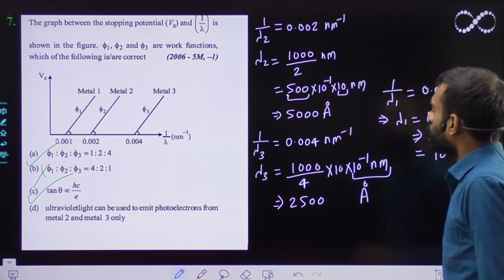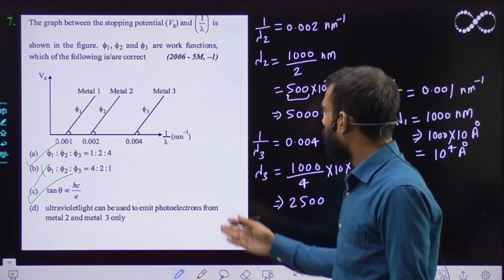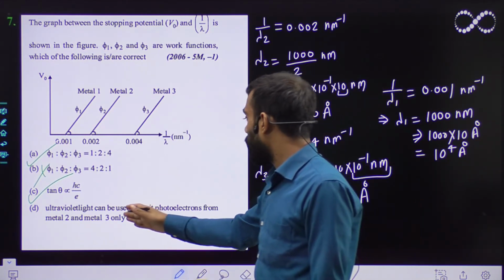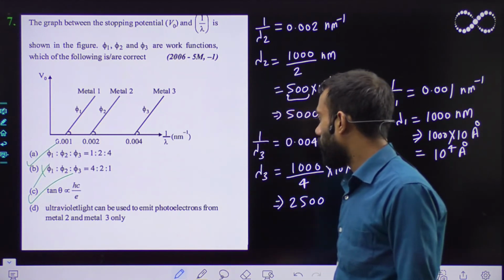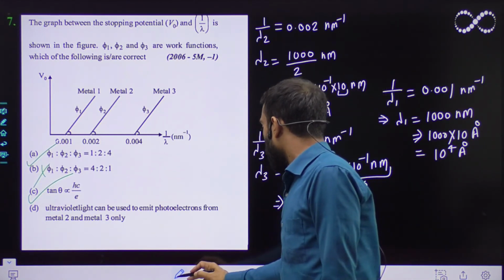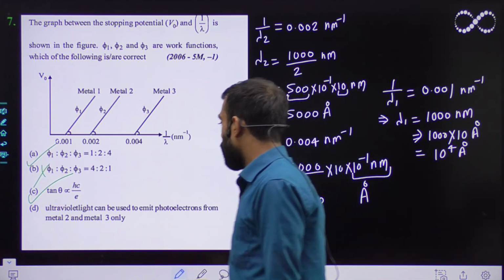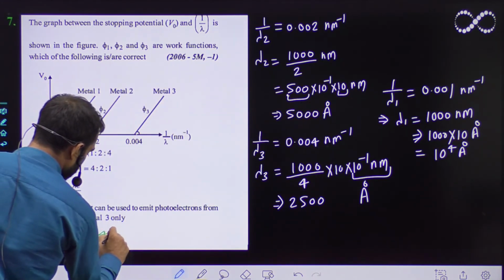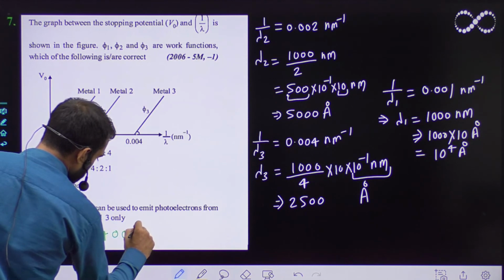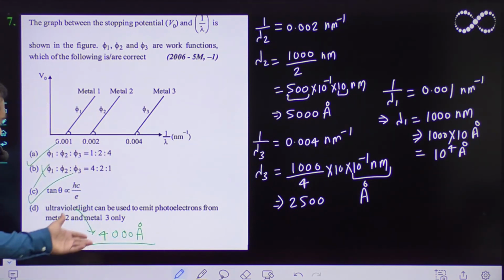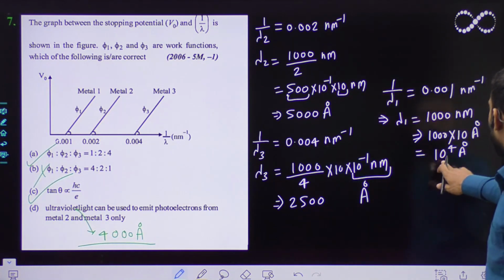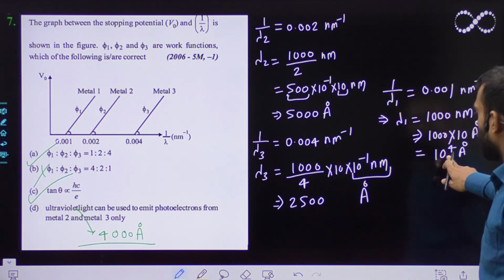Now it is saying ultraviolet light. These are the cutoff wavelengths for all the metals. The option says ultraviolet rays can be used to emit photoelectrons for metal 2 and 3 only. As you all know, the wavelength of ultraviolet is around 4000 angstrom. For metal 1, the cutoff is 10,000, which is the maximum wavelength.